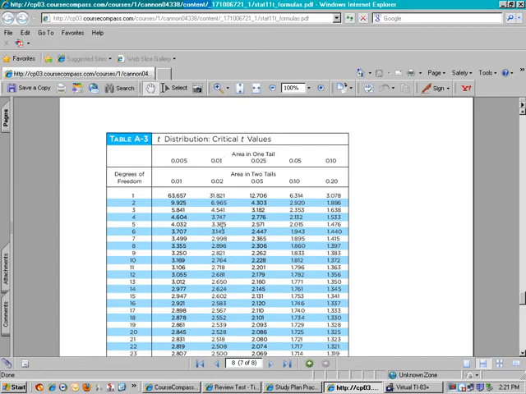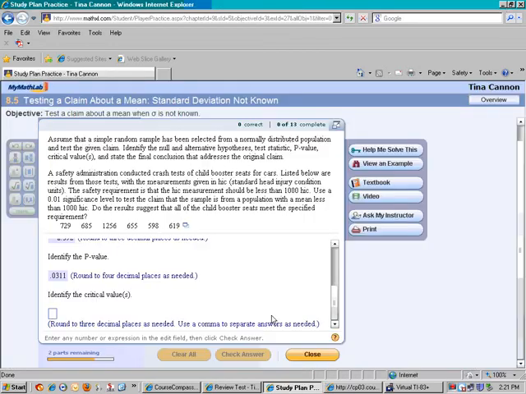So we are looking for the critical value, and this is in table A3. Notice our critical value is 3.365. Now, you have to remember the area was to the left, so we will have to put in the negative value, negative 3.365.